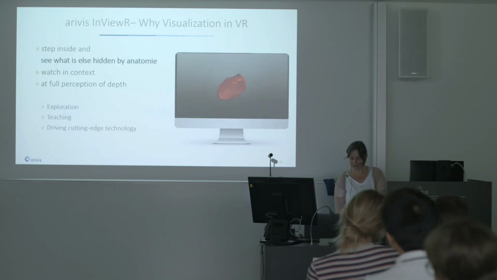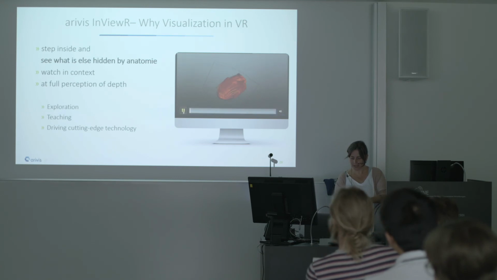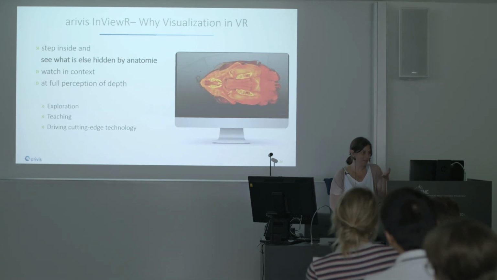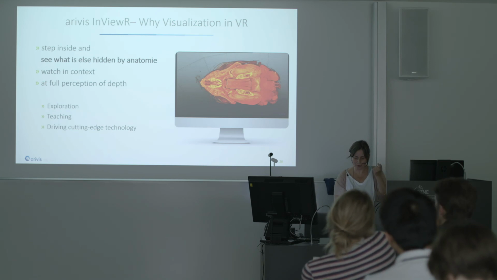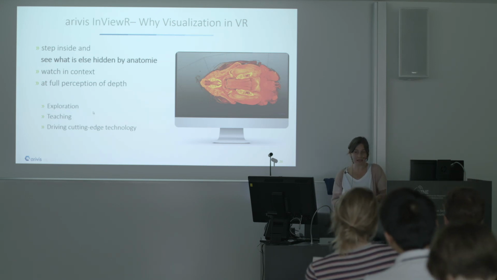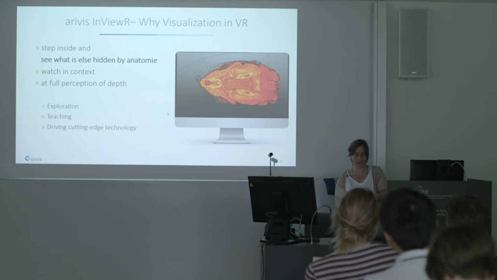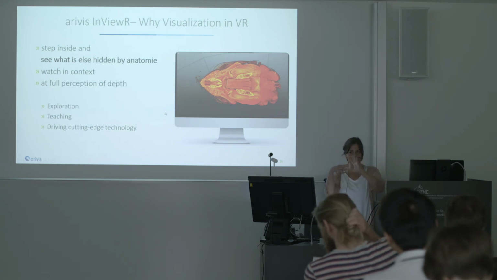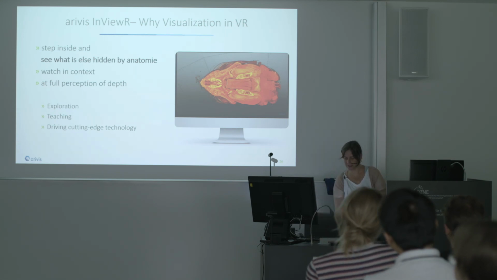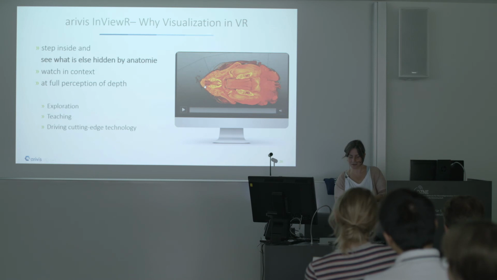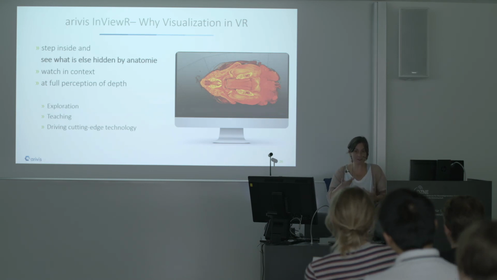So basically, just before you do so, the advantage of exploration in VR was also first hidden to us. We thought maybe it was just a marketing gimmick, and it is a cool marketing tool, I should say, but it has been shown to us by the reaction of scientists looking at their own data sets, and that is vital, that you can gain much more insight sometimes into the position and orientation of a structure, like here in this red skull, the orientation of the muscle fibers is important to my customers.